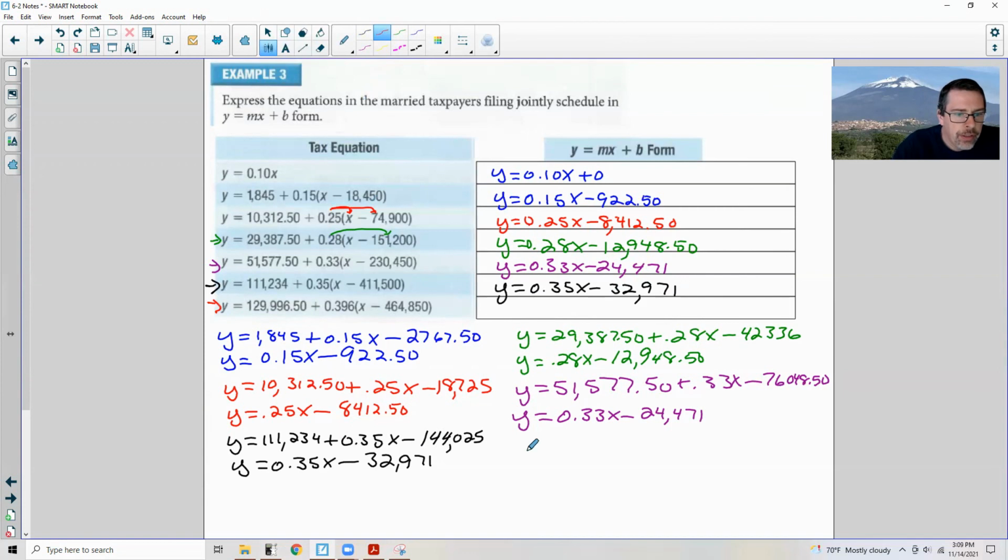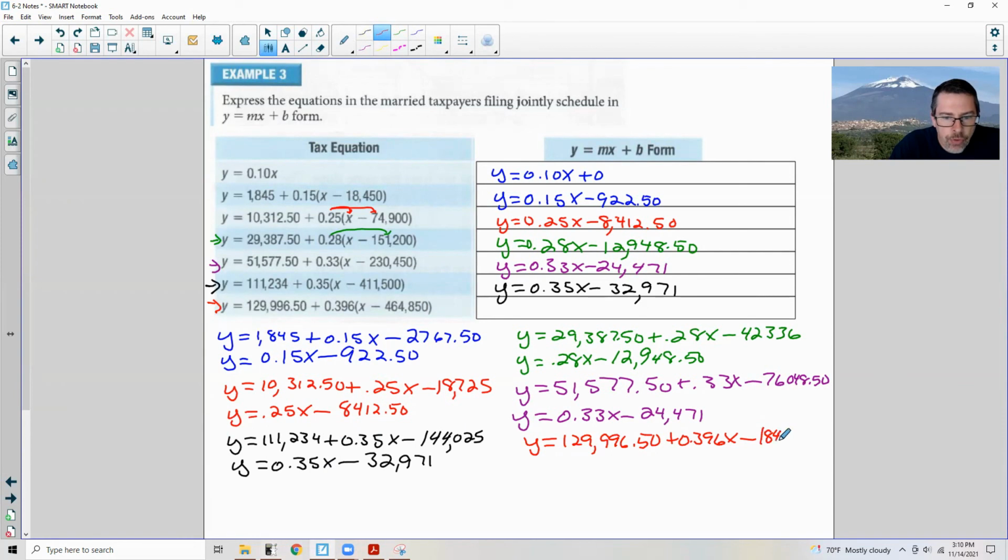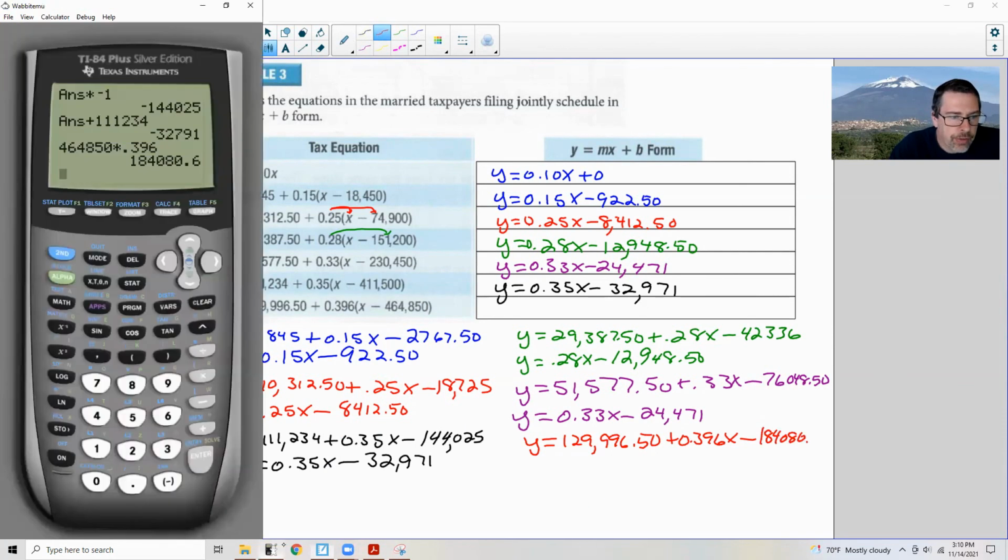It's this one here. Y equals 129,996.50 plus 39.6% times x minus, and then I take that 464,850 times 0.396, enter, and I get 184,080.60.